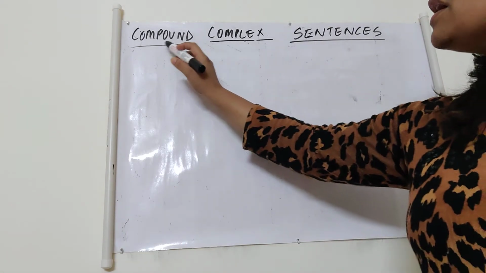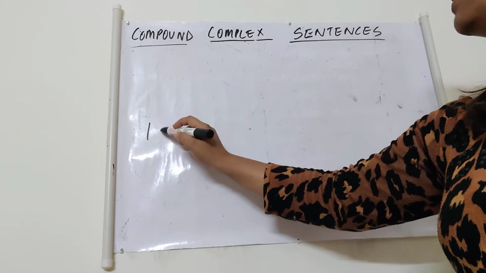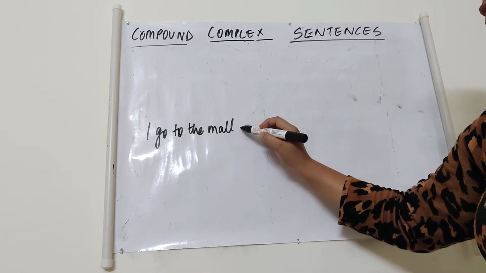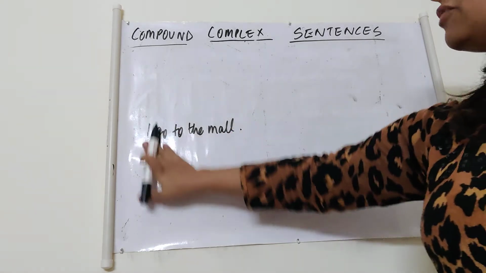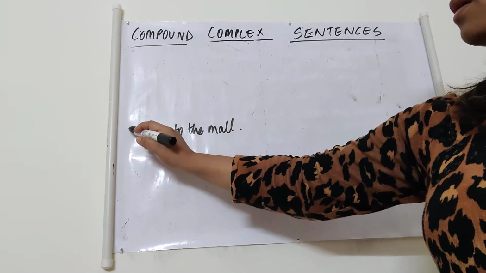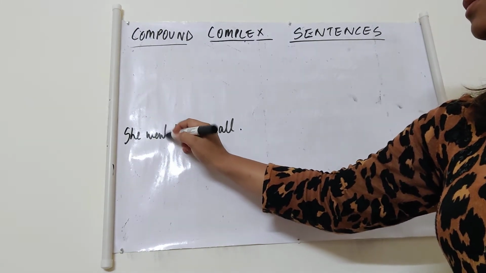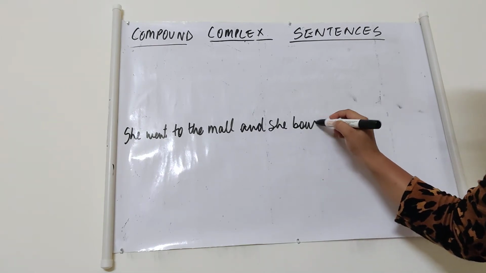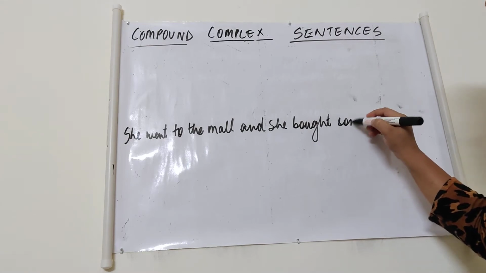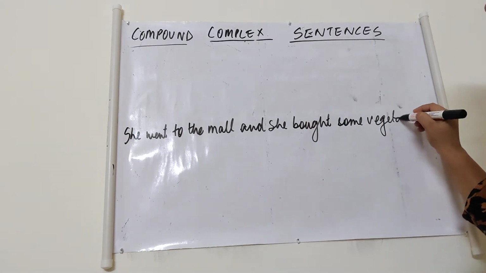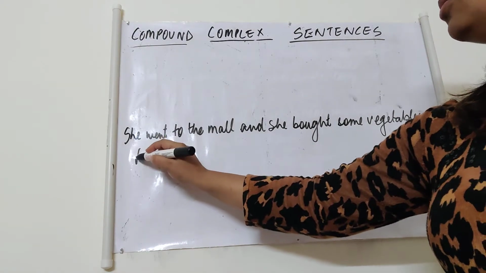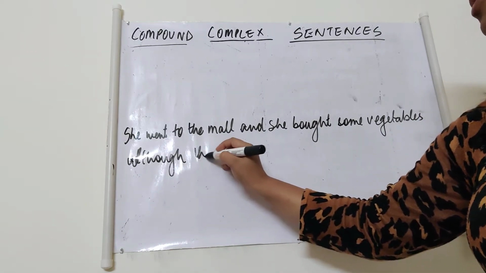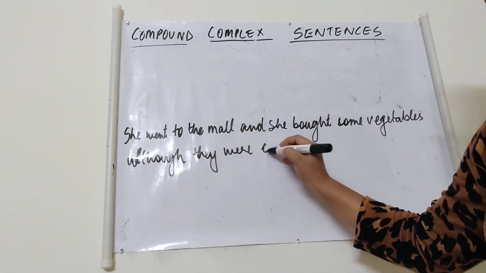Okay, so here, if I write, I go to the mall, or for that matter, if I say, she went to the mall and she bought some vegetables, although they were costly.